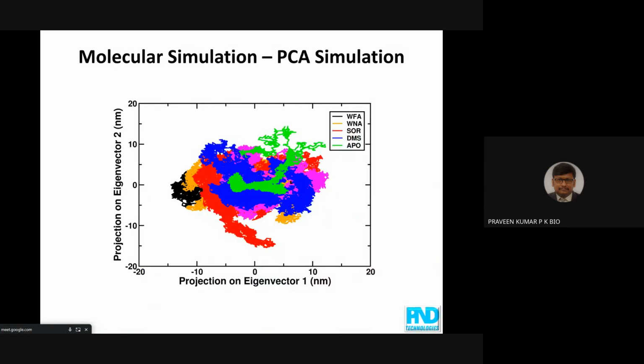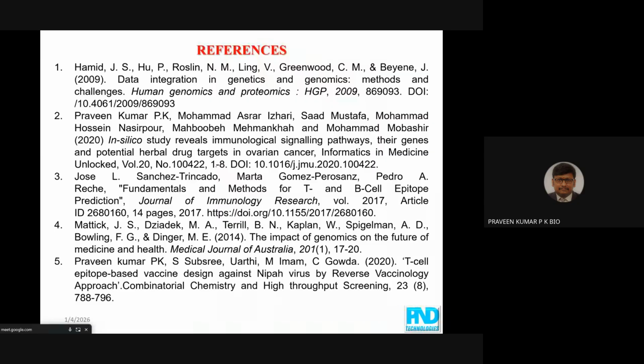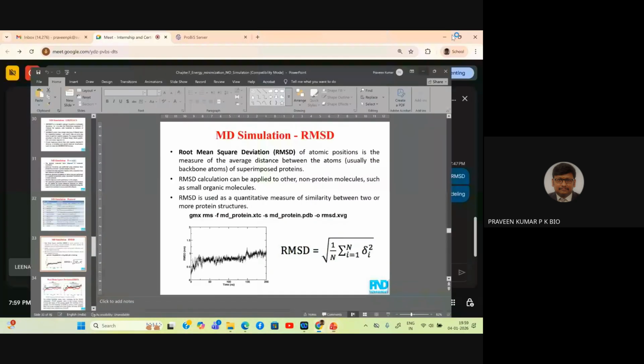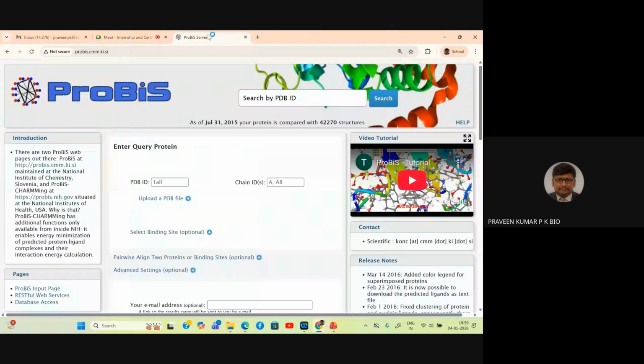PCA, principal component analysis. If we find our ligand is showing high RMSF fluctuations, we can go with PCA analysis, principal component analysis.